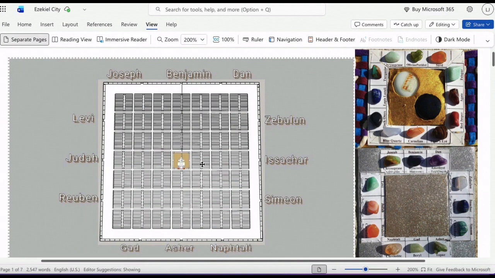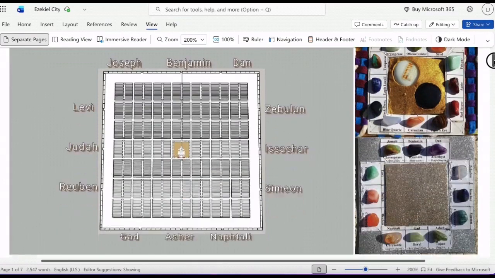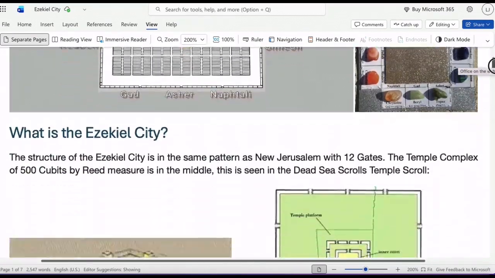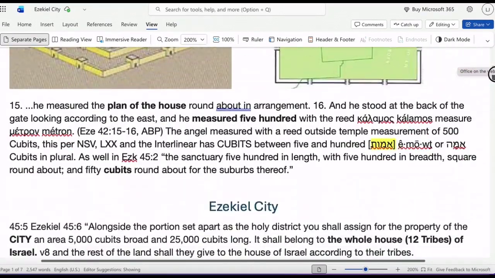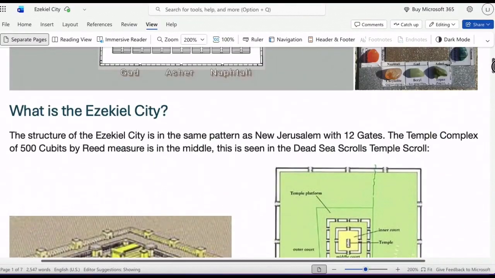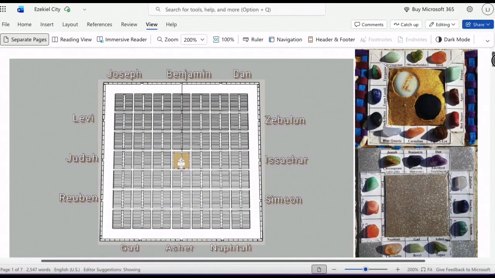Now this is important because when we determine the number of reeds and divide that out into the stadia, it is equal to 144 stadia in New Jerusalem. So our measurements and every tool that we use to measure in the Ezekiel city is the same in New Jerusalem. Okay, so our city thus will have the temple in the middle.